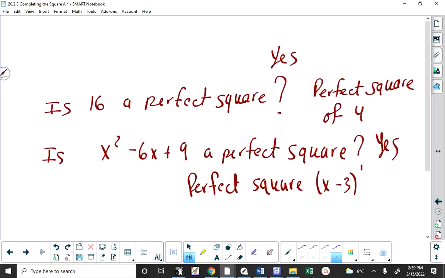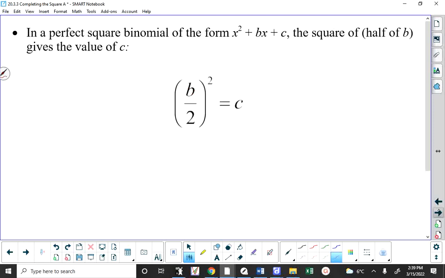So let's turn the page now. In a perfect square binomial of that form, now I realize here I have a typing mistake. That should say in a perfect square trinomial, because it's already expanded out.